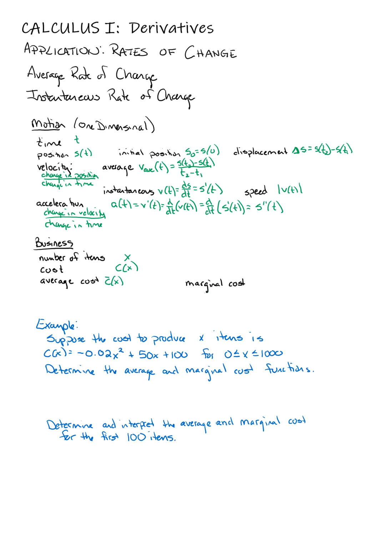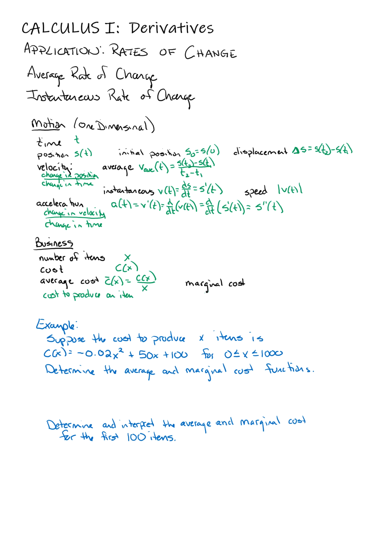Anytime you put a bar over a variable, it means that you're typically looking at the average. To determine the average cost, it's the cost function, c of x, divided by x. Now this is the cost to produce an item, what we expect it to cost to produce just one item, again, on average.